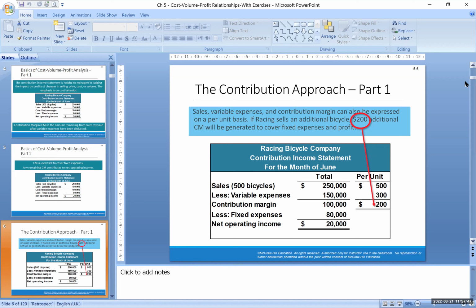The selling price is $500. The variable cost per unit is $300. So the contribution margin per unit is the price per unit minus the variable cost per unit, which equals $200. This means that if the company sells one additional bicycle, the contribution to net income will be $200.